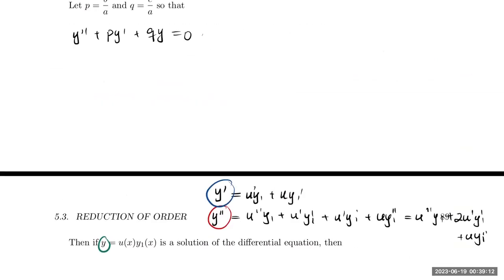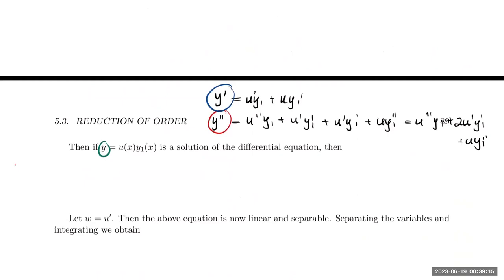If we put that in, what we would get is u double prime times y1 plus 2u prime y1 prime plus uy1 double prime.